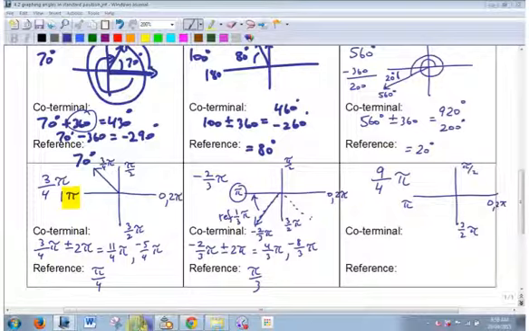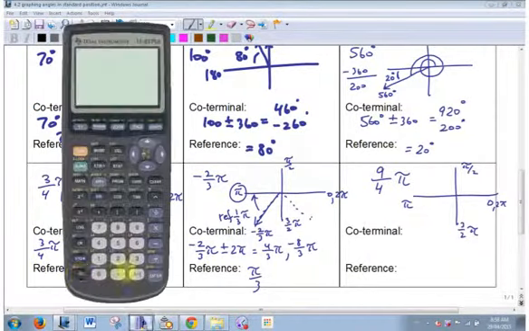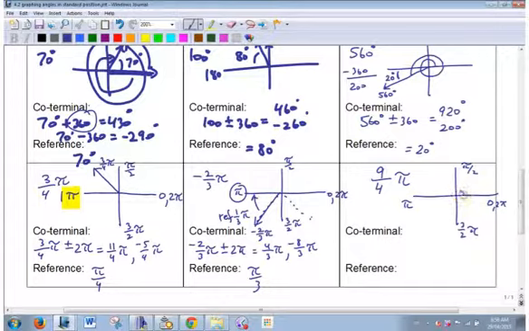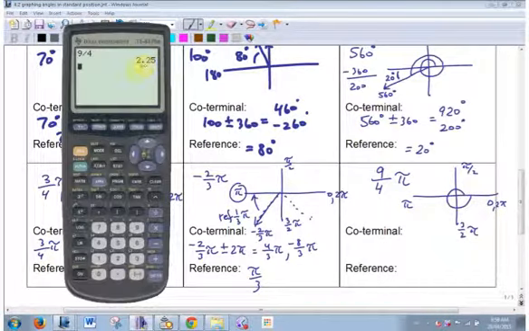I'm going to do it because I bet you some people would do this. Okay? Because everybody struggles with fractions. Hey, it's over 2 pi. What does that mean? It means I went all the way around to there, and then I got a little bit more.